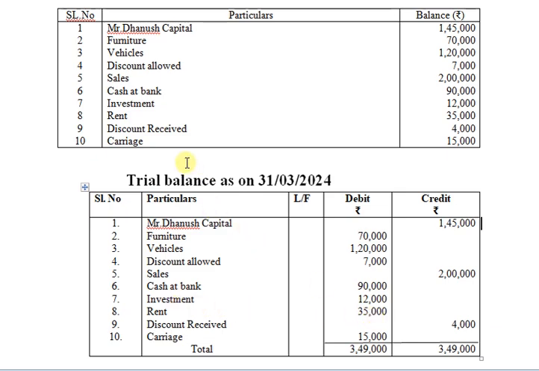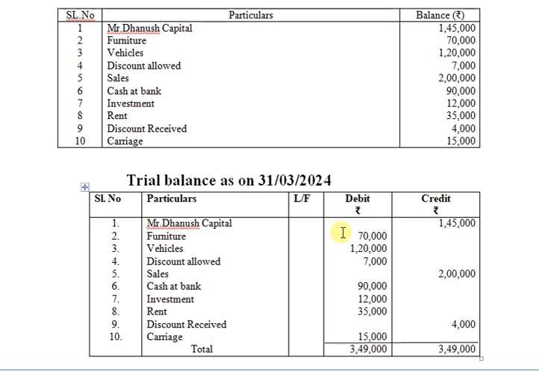Rent 35,000: rent is an expense, it is rent paid, not rent received, so it should be taken under the debit column. Discount received is an income and gain, so it comes under the credit column. Carriage is an amount we are paying, 15,000, an expense and loss, so it should be taken under the debit column.